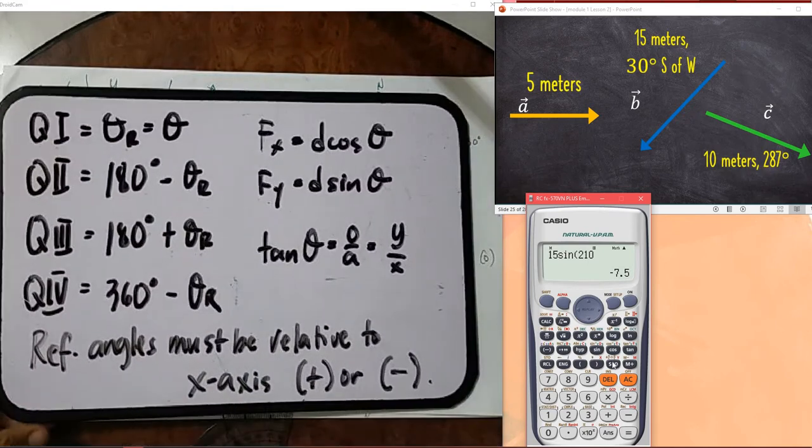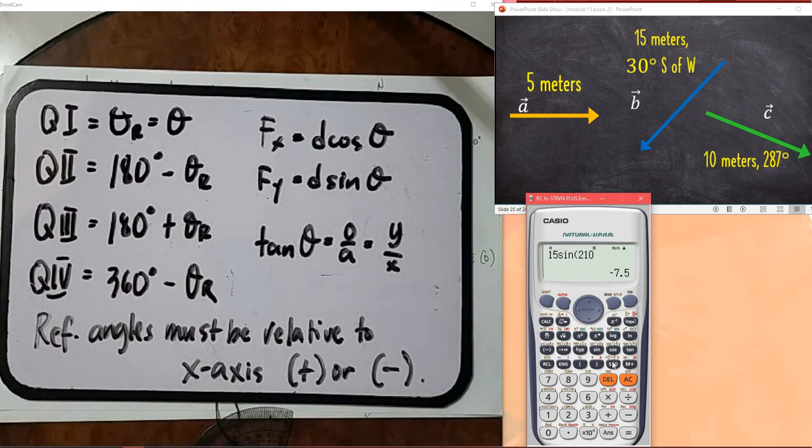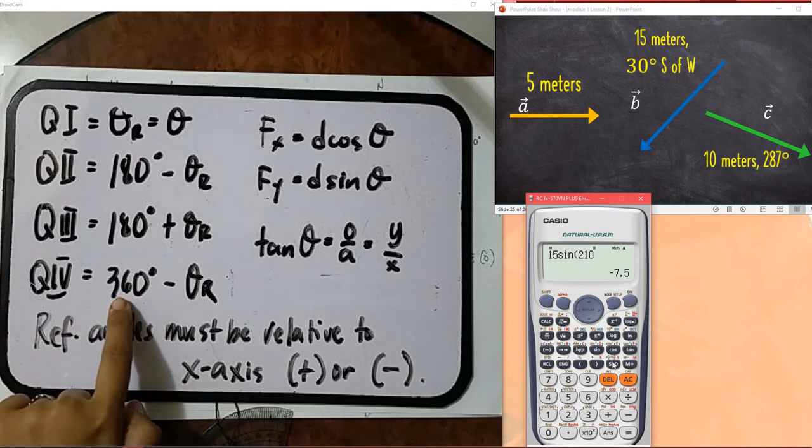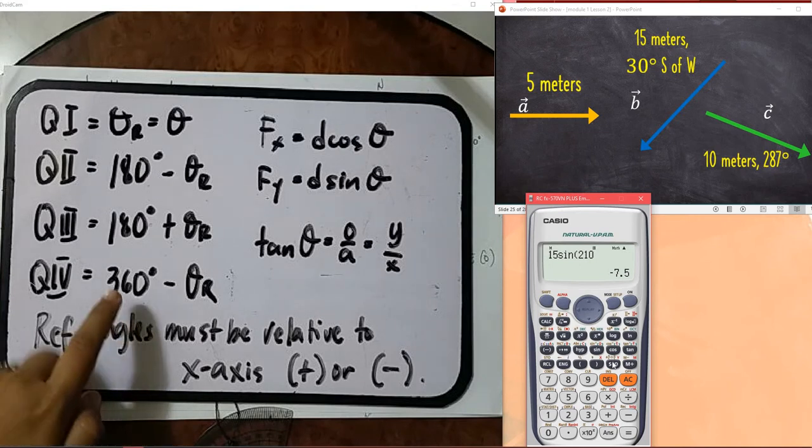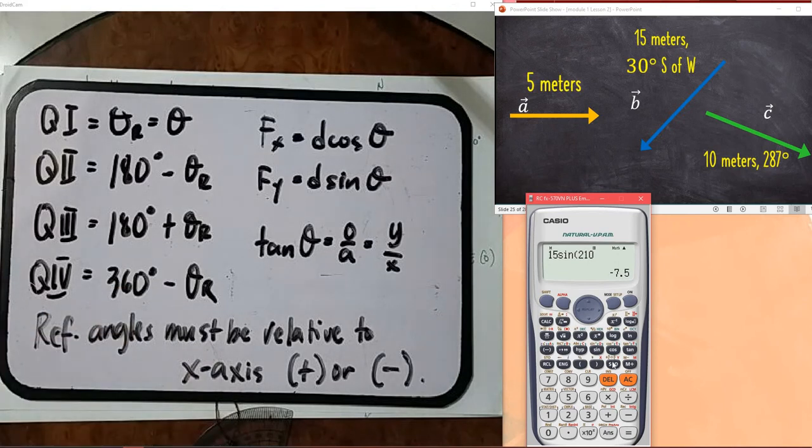Miss, you said that when our angle is on the fourth quadrant, we subtract it from 360. But my question is, do we still need to subtract 287 degrees from 360? There's no need because it is already following the counterclockwise direction. If it is not following the counterclockwise direction, then that's the time that we are going to subtract it from 360 degrees.